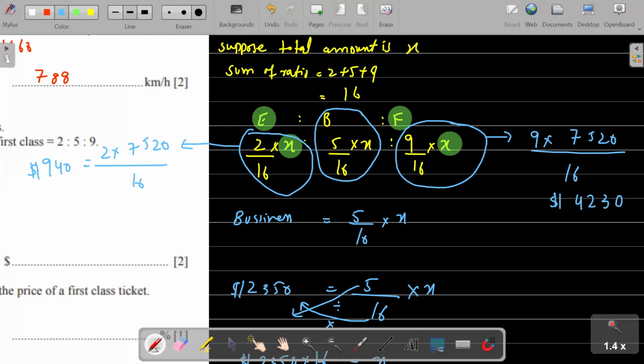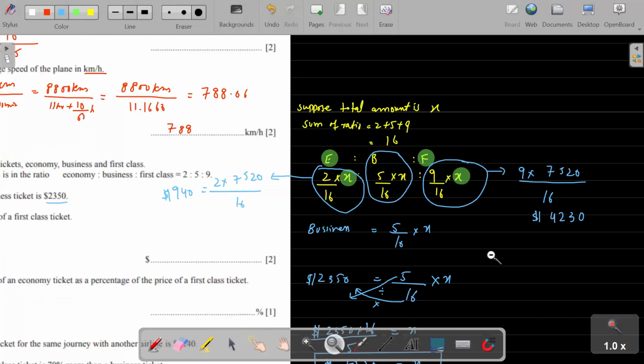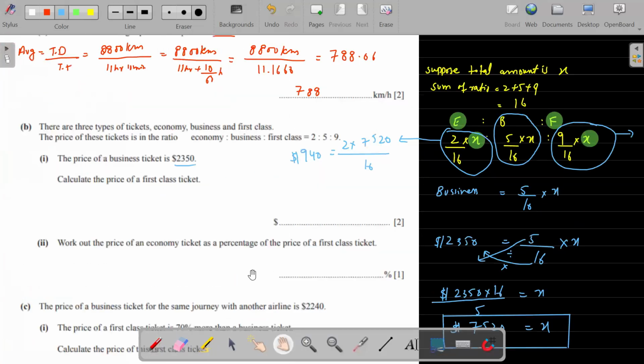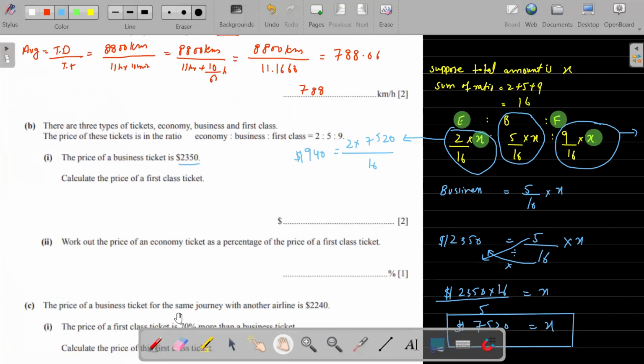In the next part, it says to work out the price of an economy ticket as a percentage of the price of the first class ticket. That's what I'm going to do.